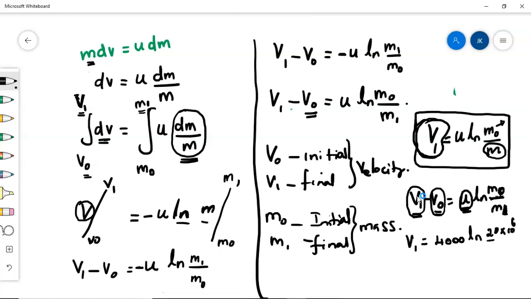Let's have one example, and the final mass is 10 times 10 to the power 6, so just half of the mass is reduced. So using this equation we can find the final velocity of the rocket.